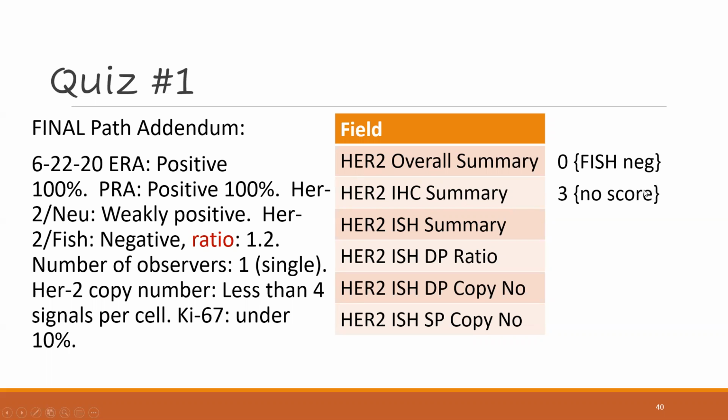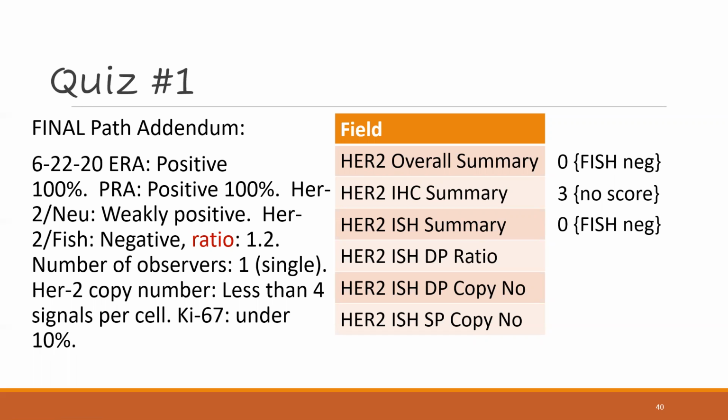So we know that is a 3. The code 3 is used for positive 3+, but it's also used if it just says stated as positive. So that's a 3.